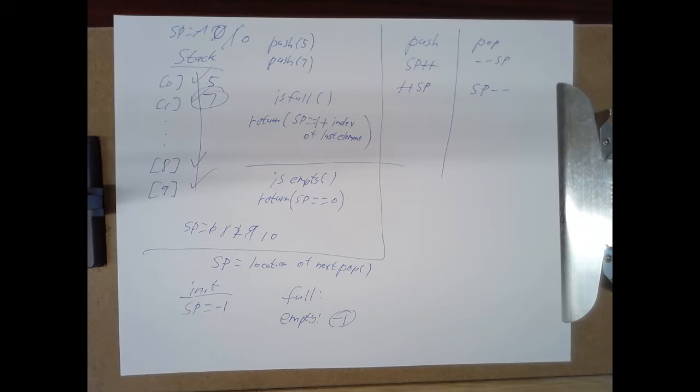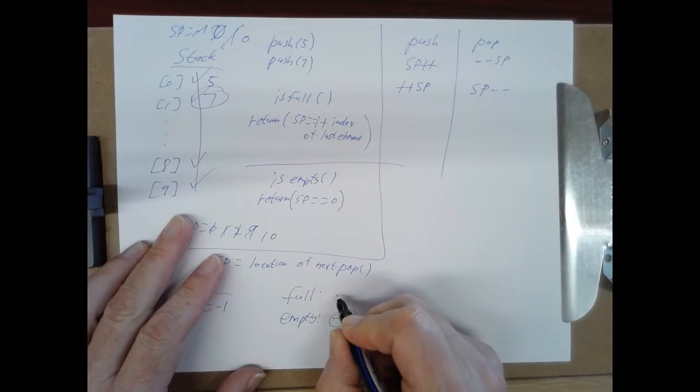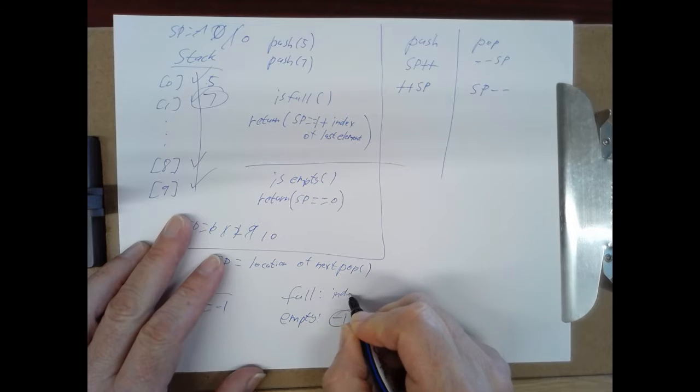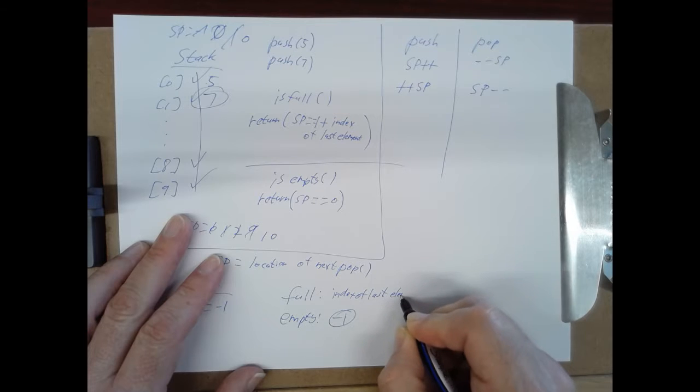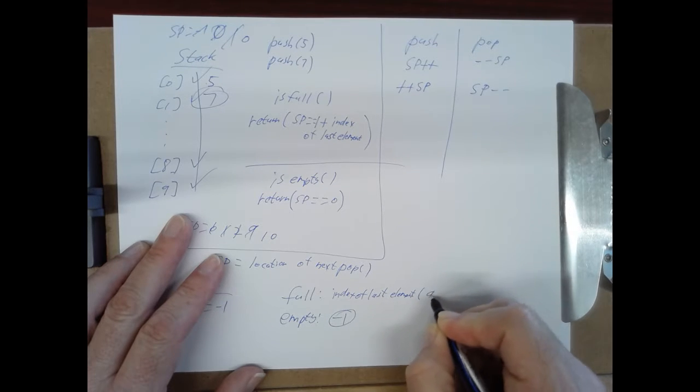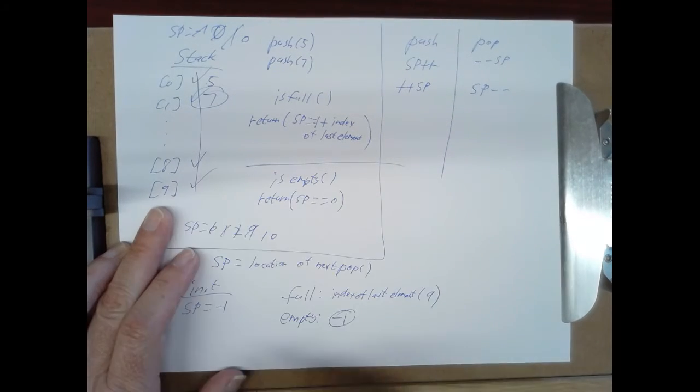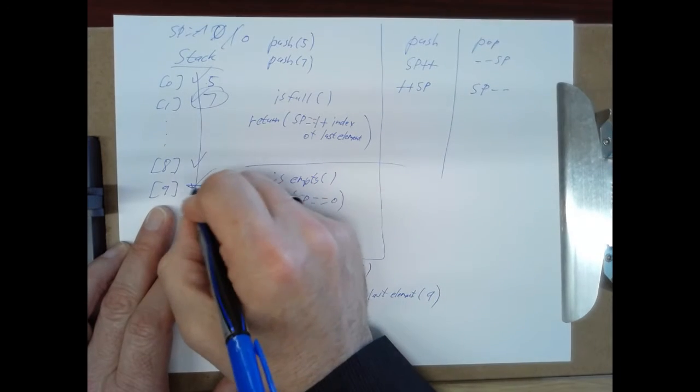What would a full stack be? Almost. Yeah, so if it's full, it's the index of the last element. In our case, 9. Because if the stack pointer is equal to 9, it means we've pushed something into this location.